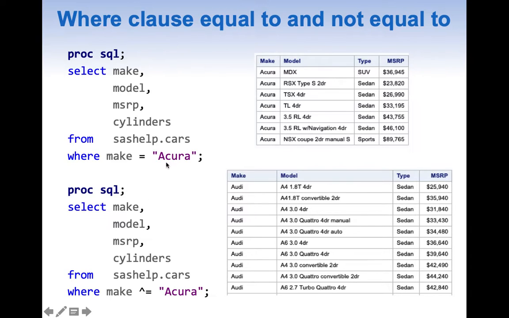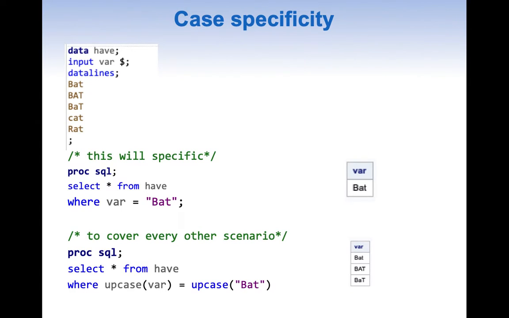For example, if instead of capital A we mentioned small a, where make equal to Acura with small a, then we will not get any rows in the results because there is no row here which has small a cura. So this is one point which we should always remember, and this relates to case specificity of values for character variables.